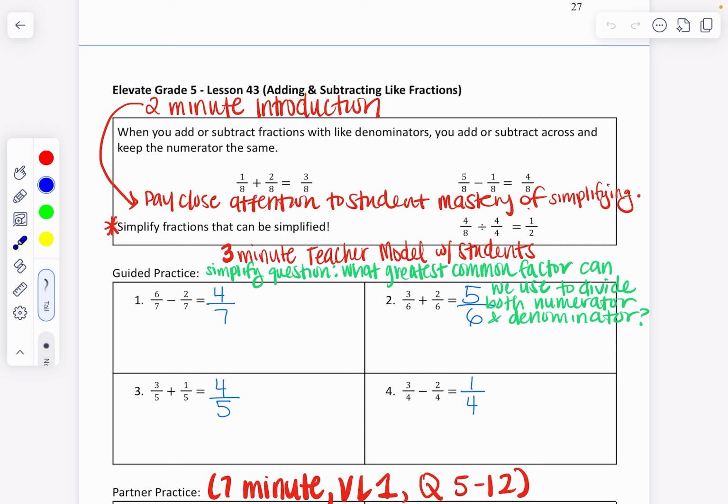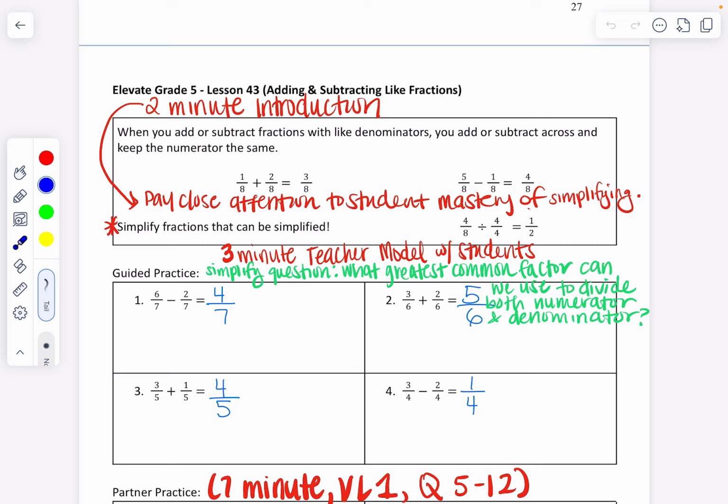So what you want to ask students during your model and even when they're struggling throughout the lesson is, what greatest common factor can we use to divide both the numerator and the denominator? Well, I think the first question you want to ask them for any question is, is this answer simplified, right?